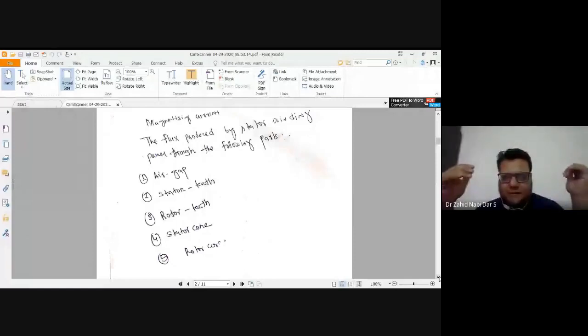Earlier, if you needed superconductivity, you had to reduce the temperature to 4.2 Kelvin, which is not normally possible in working conditions or at room temperature for running an induction motor. If you have a superconductor, your losses will reduce and your efficiency will come as close to 100%.